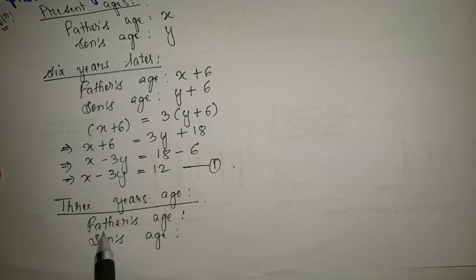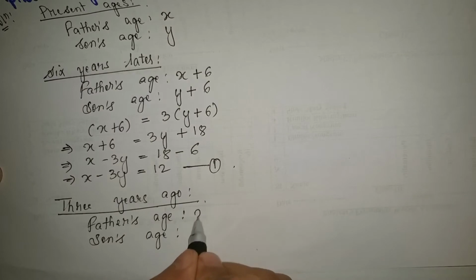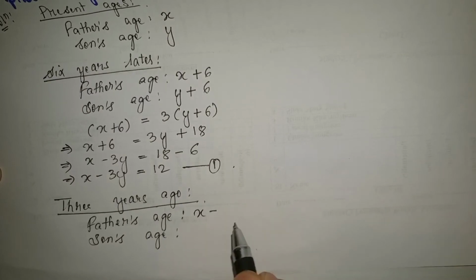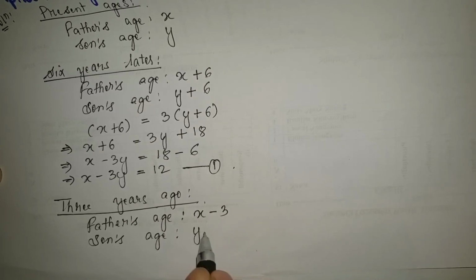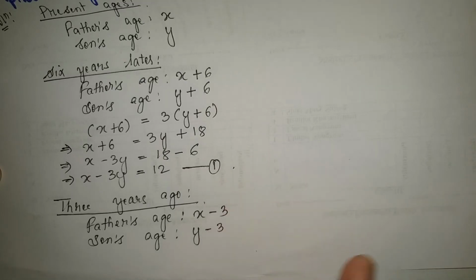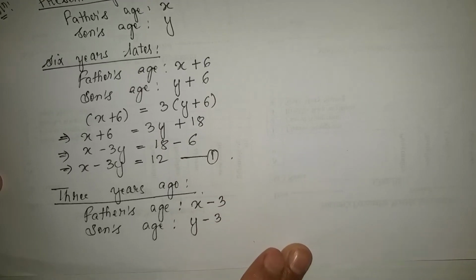From the present age of the father, which is x, I have to subtract 3. Same with the son's age, y, I subtract 3. I go back 3 years.